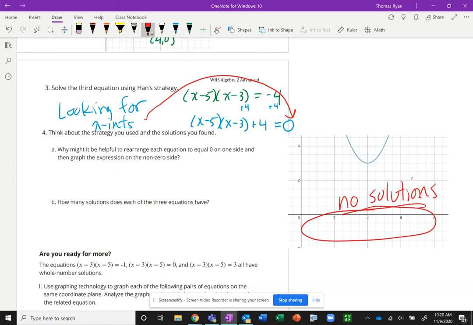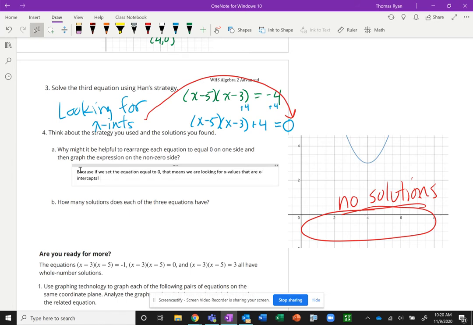So number 4 says, why might it be helpful to rearrange to get 0 on one side? Because if we set the equation equal to 0, that means we are looking for x values that are x-intercepts.